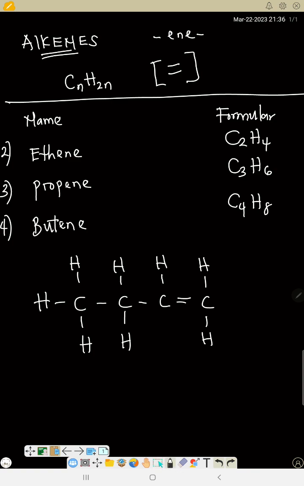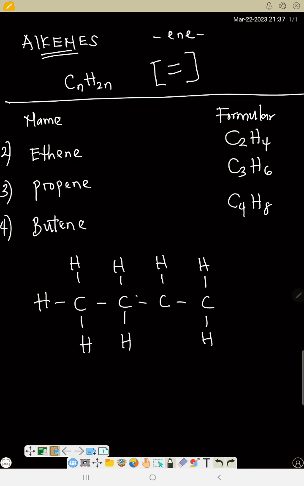Now if I place this double bond here, do you see it's not after the first carbon again? It will be after the second carbon. So we have to name that but-2-ene, that is after the second carbon. If you like, place the double bond after the first carbon, this is still butene.